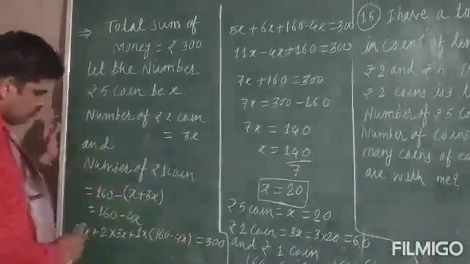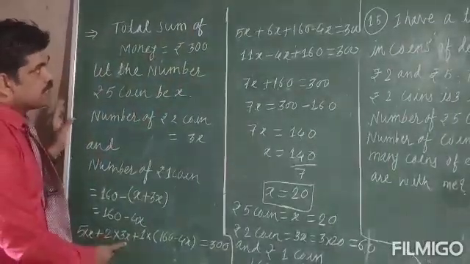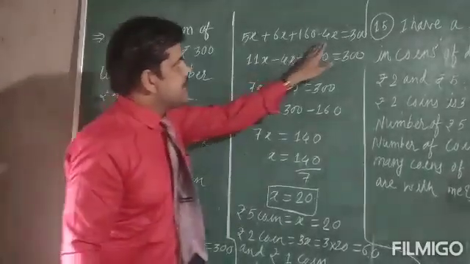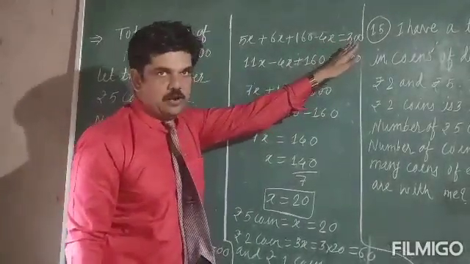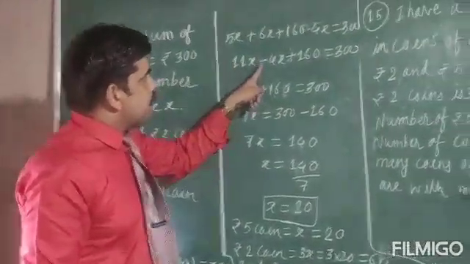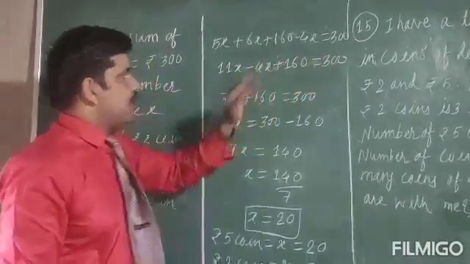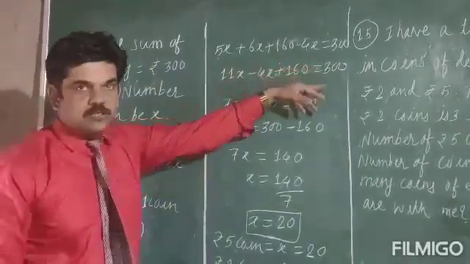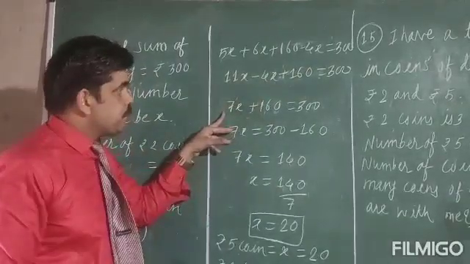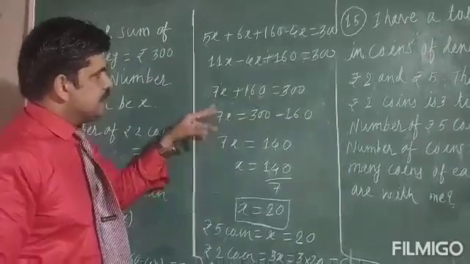So 5 into x is 5x, 2 into 3x is 6x, and 1 into the bracket is as it is, equal to 300. Now 5x plus 6x is 11x, minus the 4x I have written here, and 160 is as it is, equal to 300. Now 11x minus 4x is 7x, with 160 as it is.